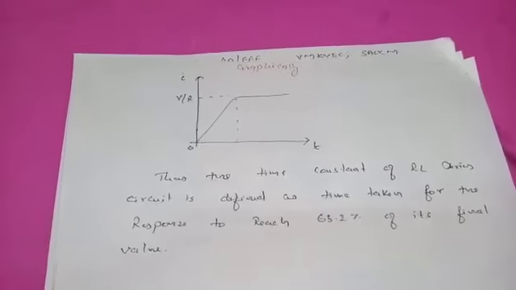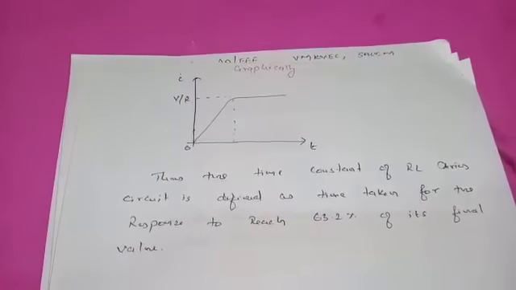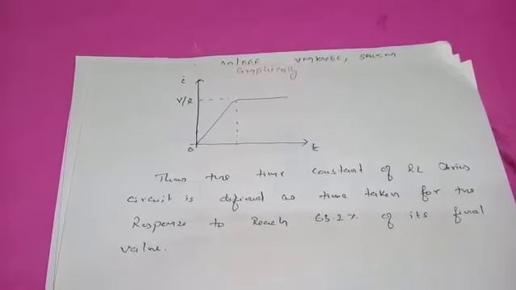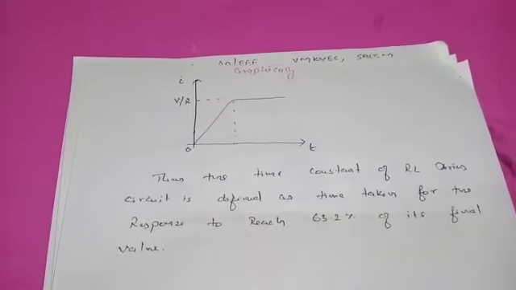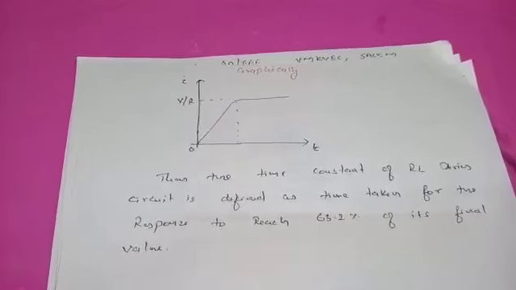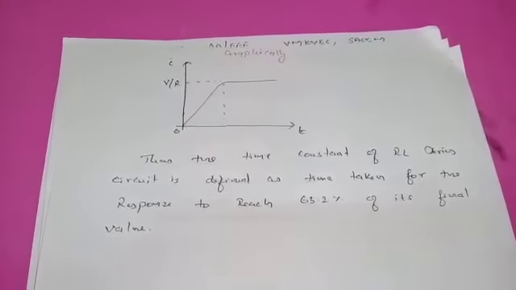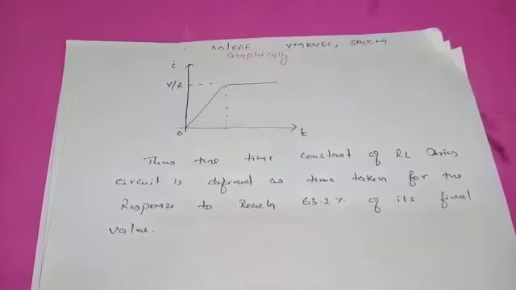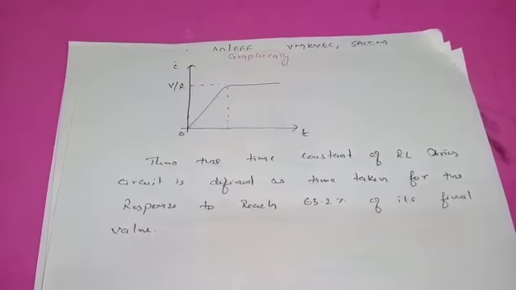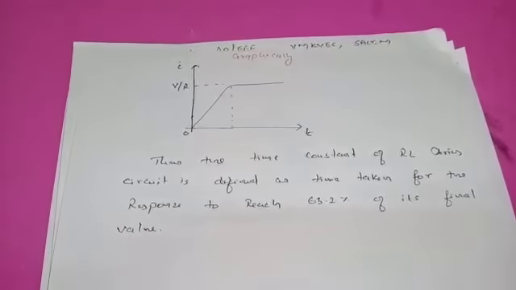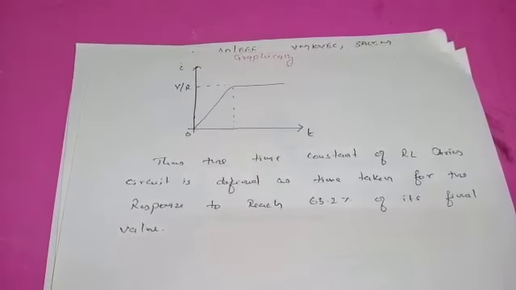Graphically we can see the current and the time, with current taken as the y-axis and t as the x-axis. Thus, the time constant of an RL circuit is defined as the time taken for the response to reach 63.2% of its final value.